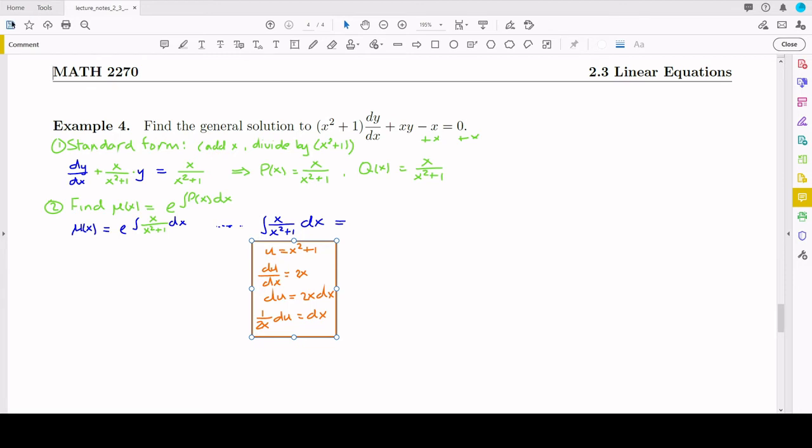So when I use that substitution, I then get my integral of x over, x squared plus 1 is u, and dx is 1 over 2x du.